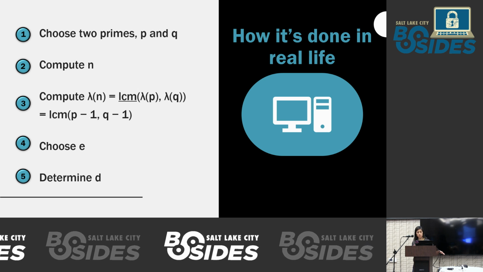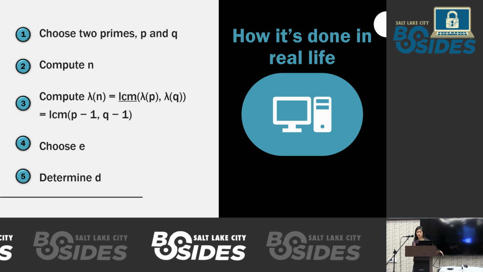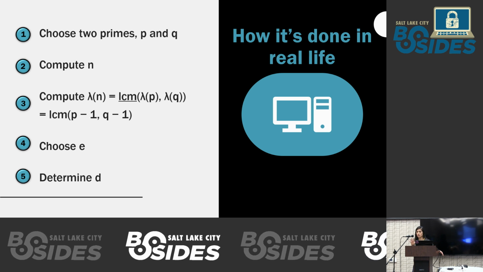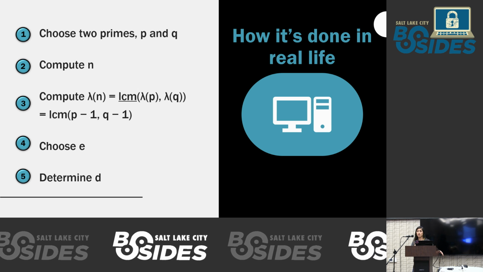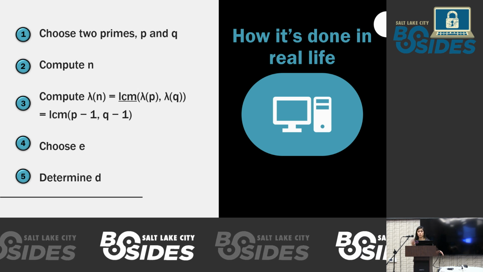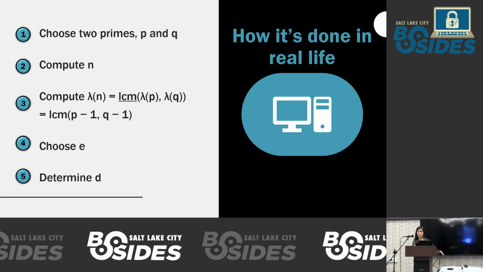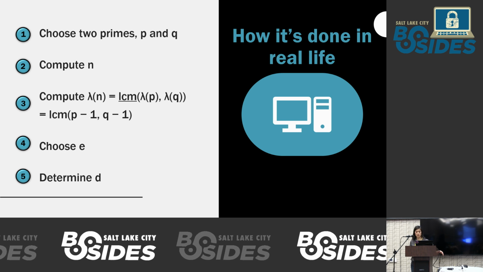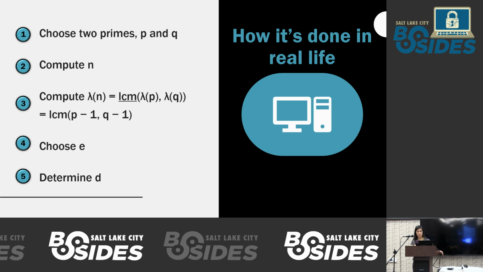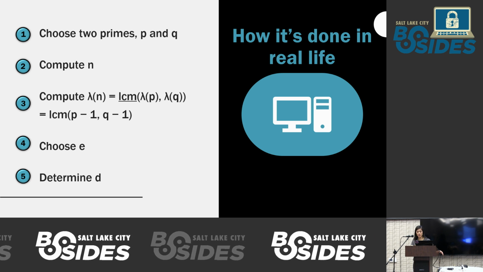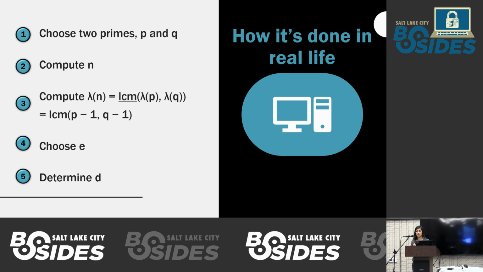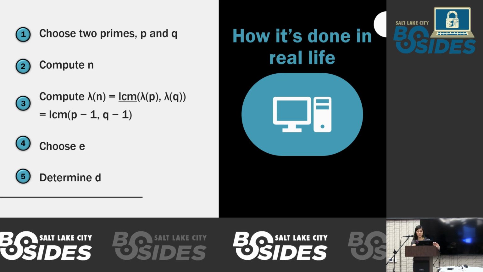Let's see, we talked about choosing E, and there are all these different rules that apply. We used our rules for E based on phi of n, but the same rules apply with lambda n as well. The last step is the modular multiplicative inverse, so your D. When the original writers made RSA, they actually published it with steps 4 and 5 flipped.